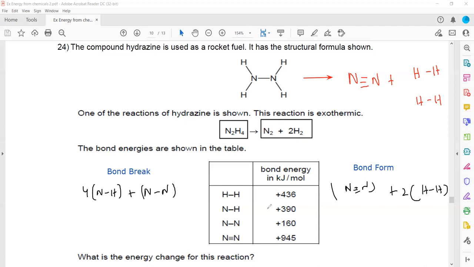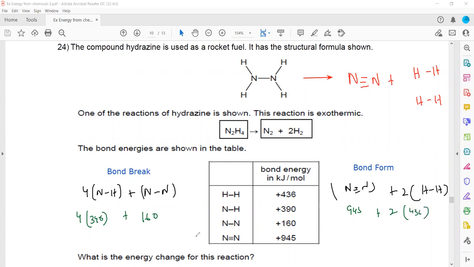So 4 NH bonds, so 4 multiplied by 390 plus a nitrogen single bond, that is 160. So this will give us the bond breaking. And what about bond forming? The nitrogen triple bond is there, that is 945, plus 2 hydrogen single bonds, that is 436.